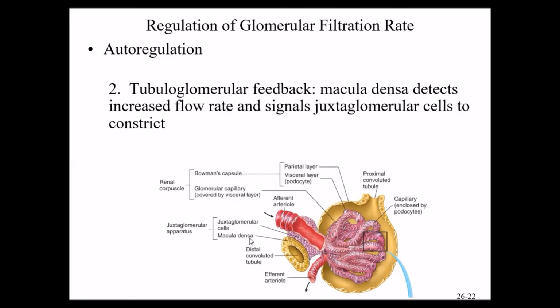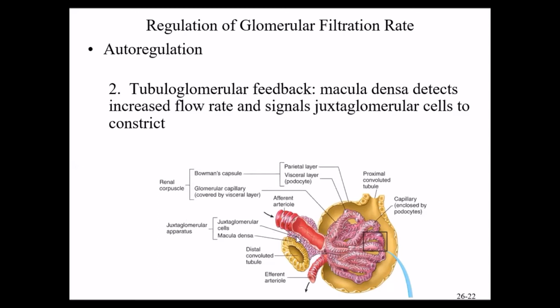And so let's say you have extra flow rate coming through. Maybe your GFR is a little too high. Well, you need to minimize that. You need to balance it back out, create a homeostasis type environment. So maybe the filtrate rate is coming up too high, so that means that this distal tubule would stretch a little bit. That increased flow rate through here stretches, and it transfers that signal because it's right up against those juxtaglomerular cells.